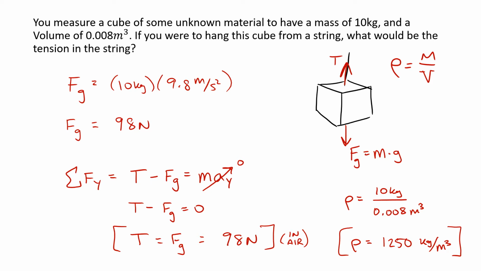The density of the cube is 1,250 kilograms per cubic meter. I'm just going to save those for later, since they're going to help me for the next part.